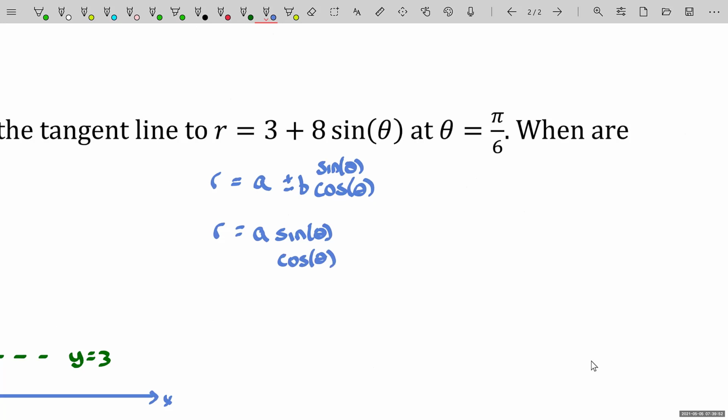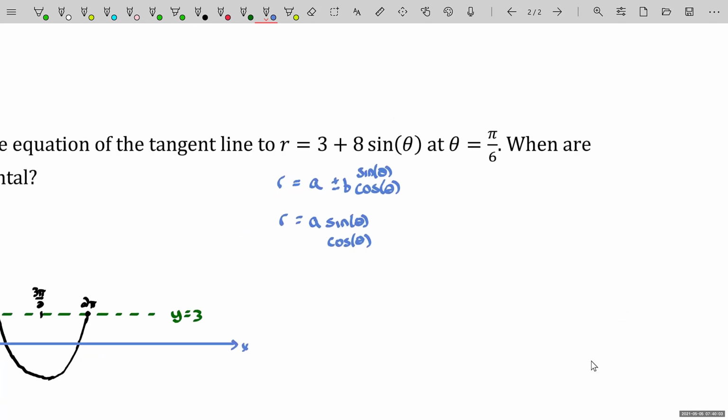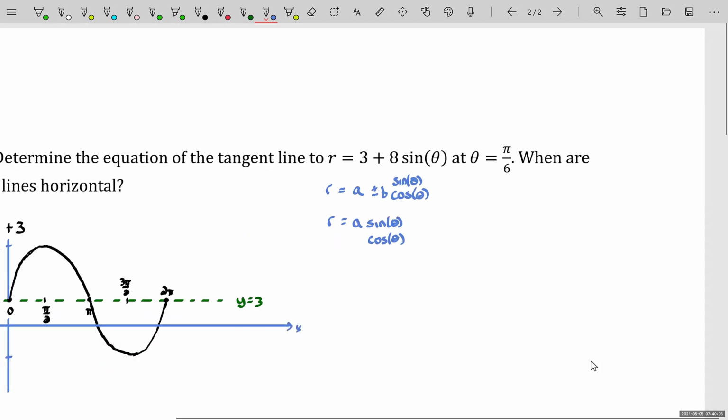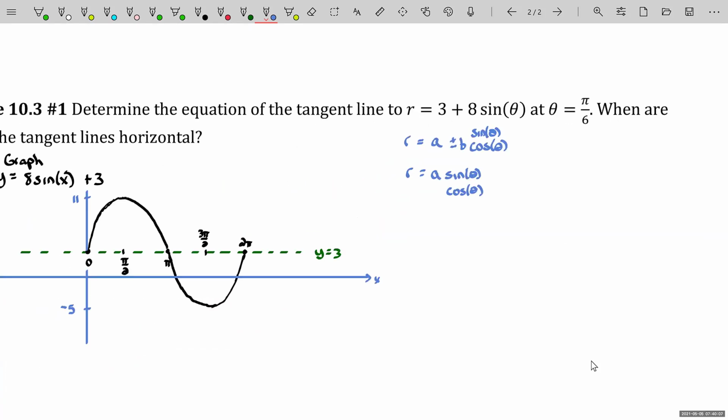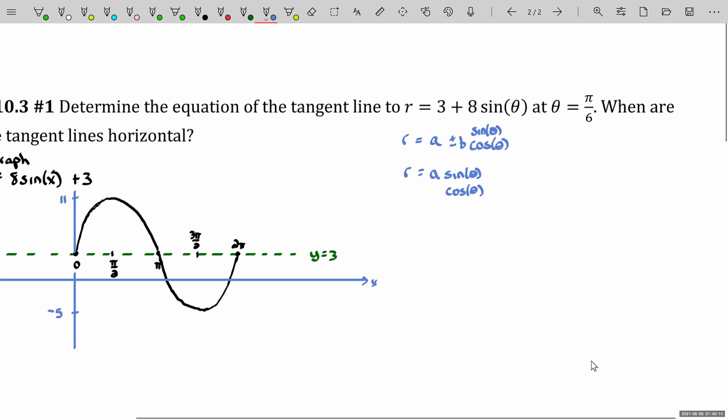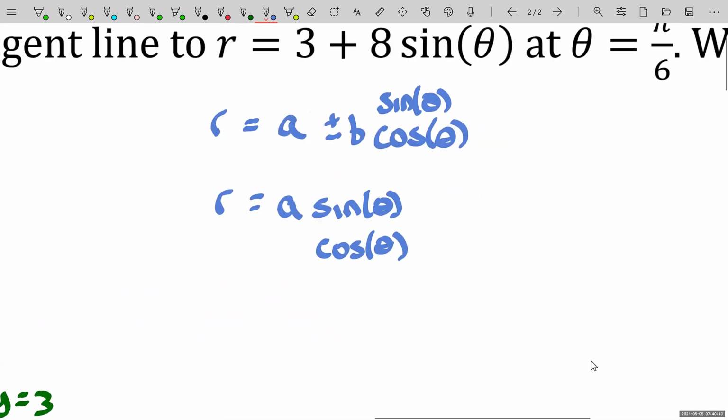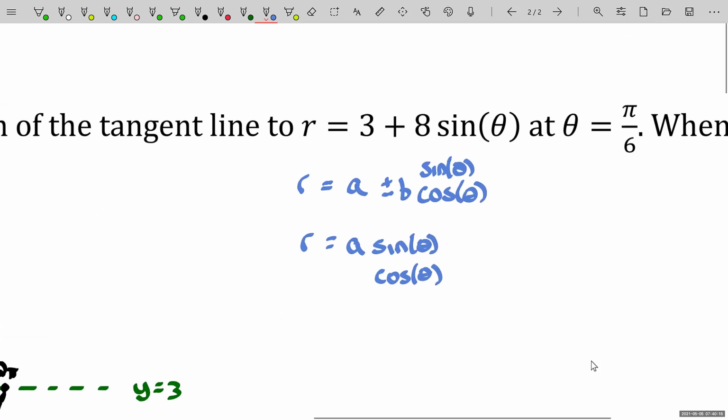There are other ones like r is equal to a sine of b theta. Those are multi-petal roses, and they are somewhat important, but generally I'm okay with my students just going to Desmos very quickly to graph that out to see what they look like. But these ones you should be able to graph by hand. And so notice that's the kind I'm graphing here.